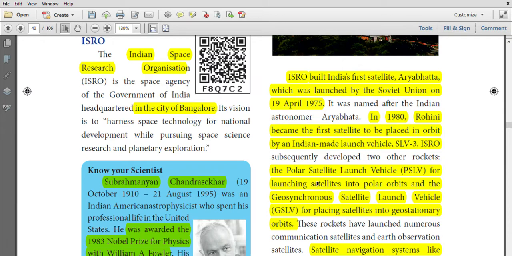Then India created two rockets, PSLV and GSLV. PSLV means Polar Satellite Launch Vehicle. GSLV means Geosynchronous Satellite Launch Vehicle.